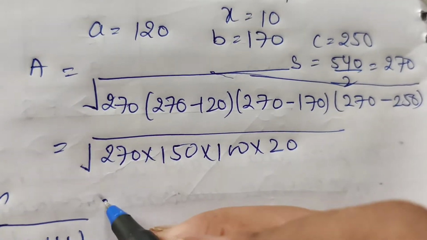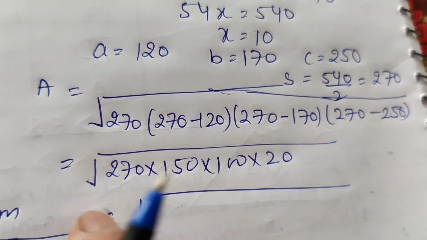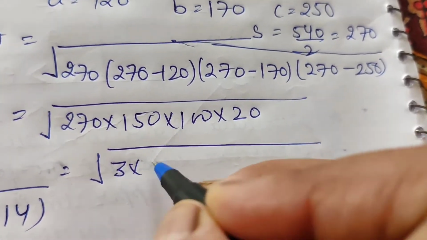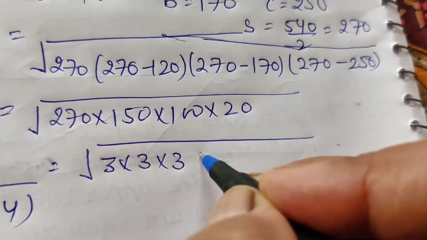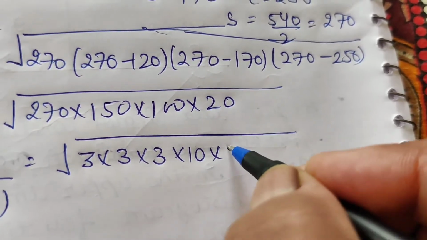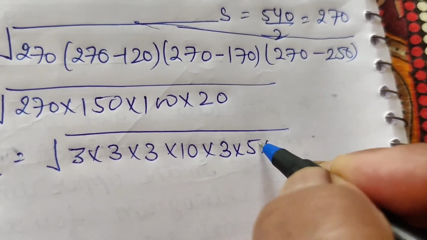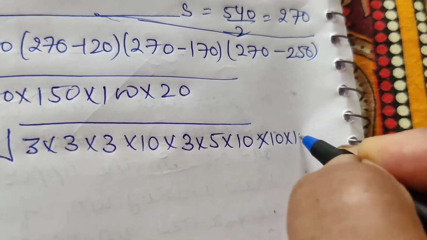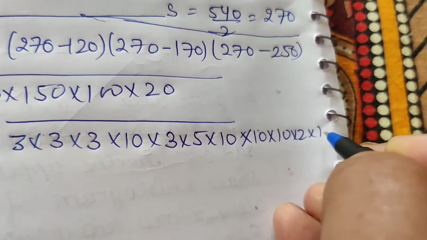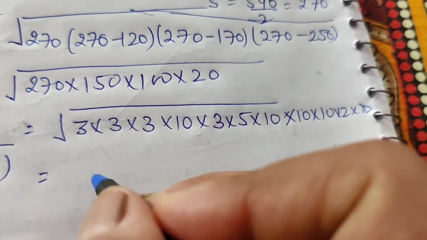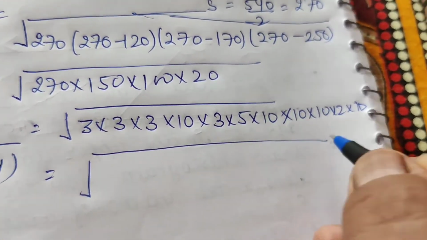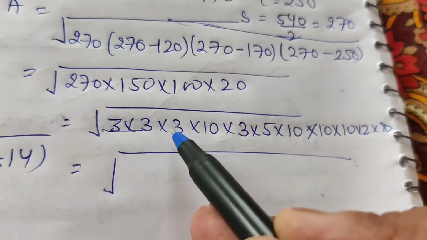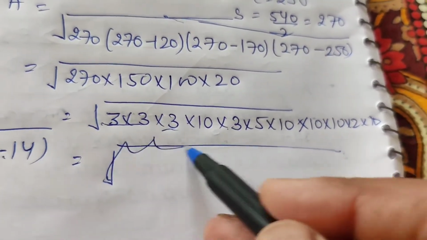Now we have to factorize in terms. 27. We can write 3 into 3 into 3, 27 into 10. 150 is 3 into 5 into 10. 100 is 10 into 10. And 20 is 2 into 10. First we have to make the pair. 3, 3. No need of square root.